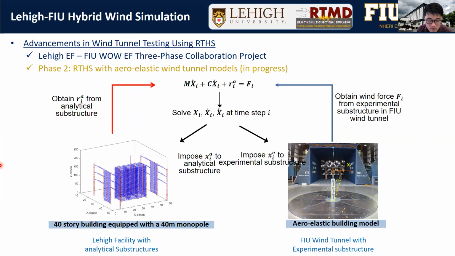So instead of only using the 3D 40-story building, we also built the aeroelastic models in the FIU wind tunnel, where we can impose the displacements or the experimental response on the building models, and also capture the wind force based on the experimental substructures, and feed it back to our simulation coordinators to calculate the real-time hybrid simulation response.